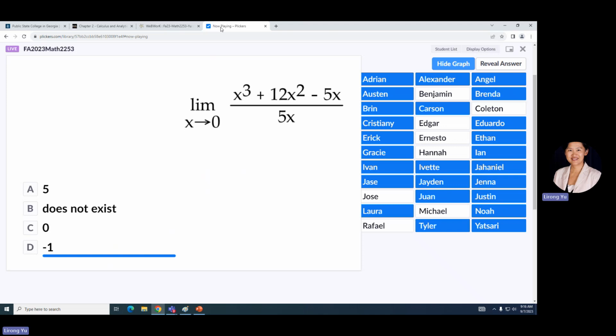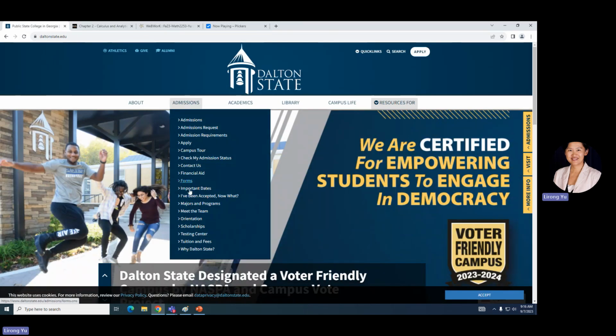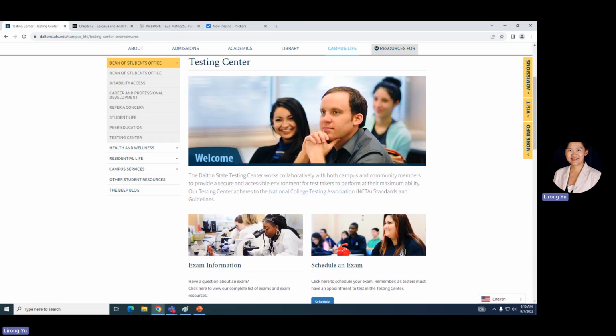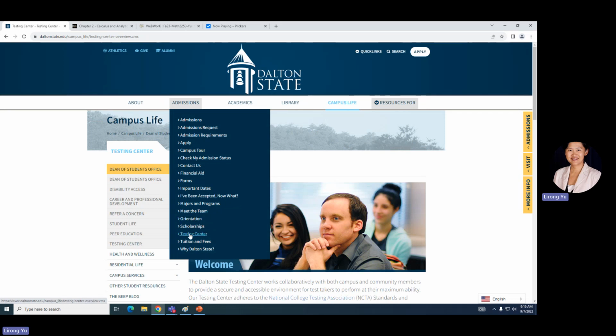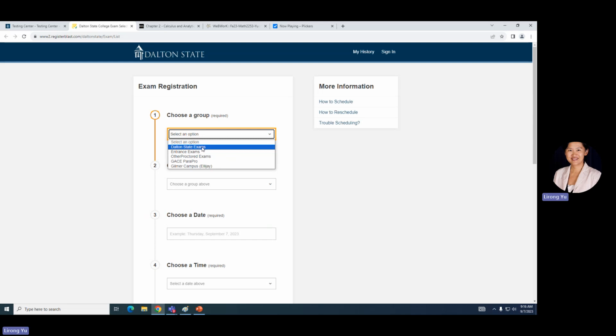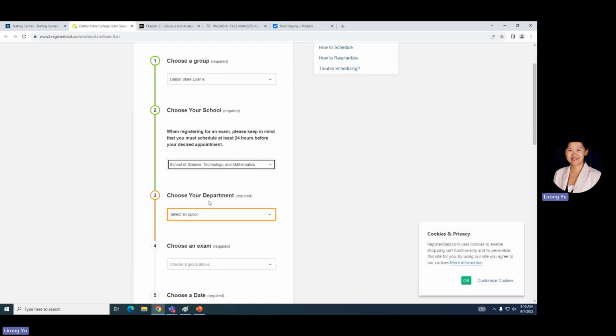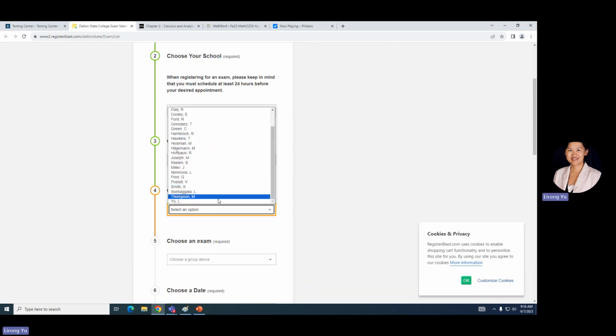Can you give me a date so the way to schedule it? Yeah. No, you want to go online to schedule it. You click on admission, testing center, and then schedule exam. You can choose mathematics and choose.